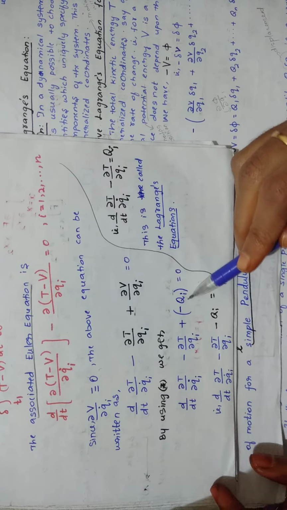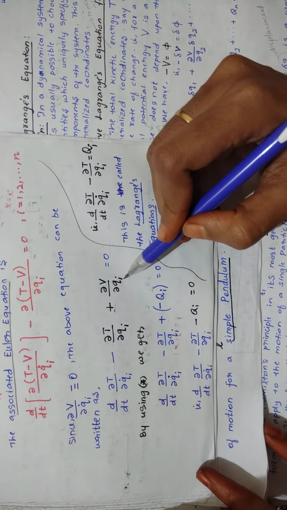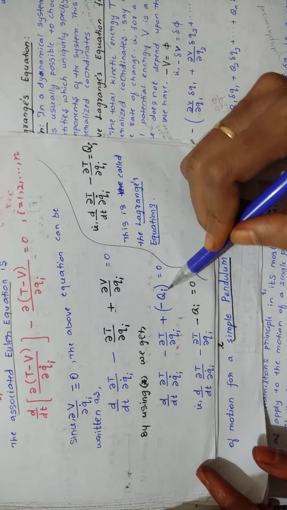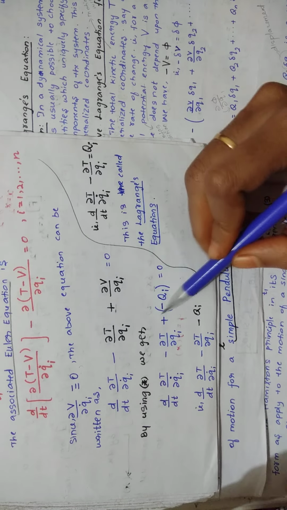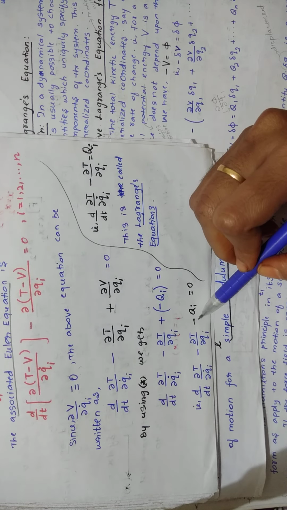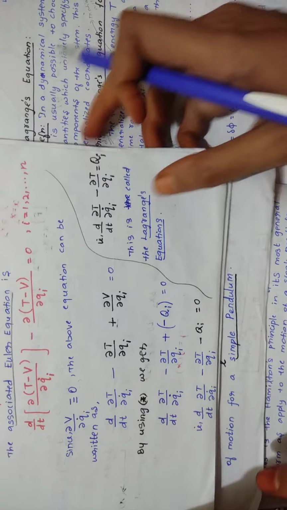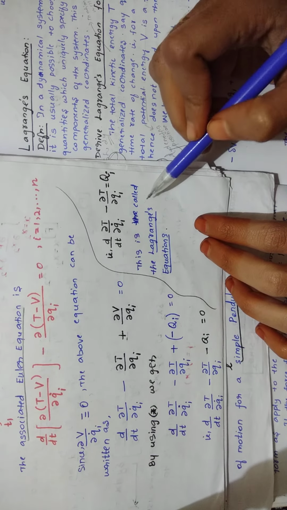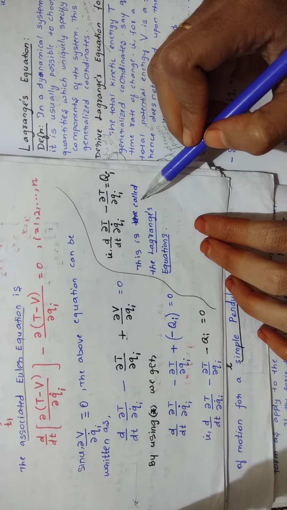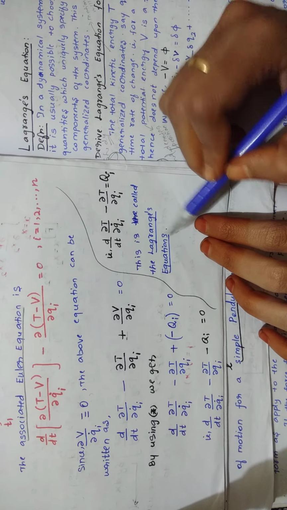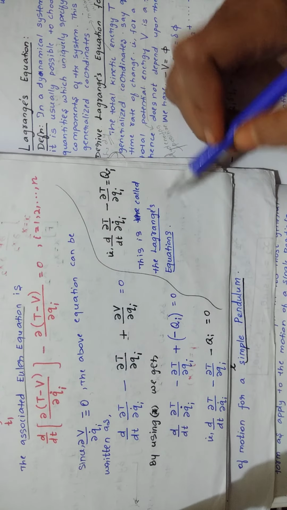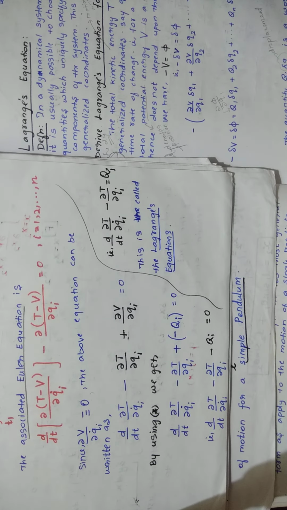So here in general for qi you are putting minus Qi is equal to 0. Now plus and minus becomes minus, and from this bring this Qi to this side so that you will get this, and this is called Lagrange's equation. This is our required Lagrange's equation for a conservative system. So hence our derivation comes to an end.